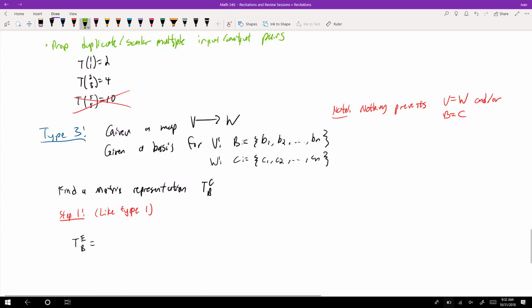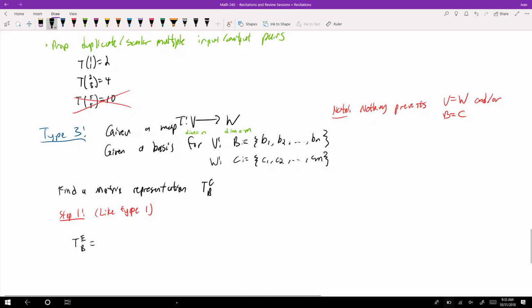So by the way, this should be C^M. And the reason is because I want V to be dimension N, and I want W to be dimension M. I guess I also didn't say this is a map from V to W, right?